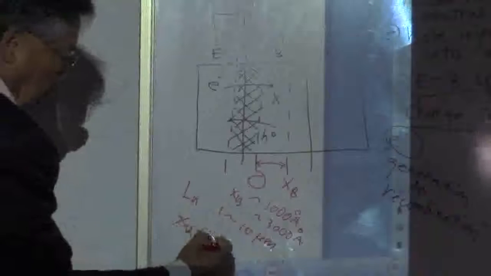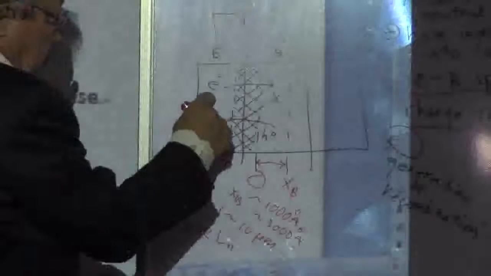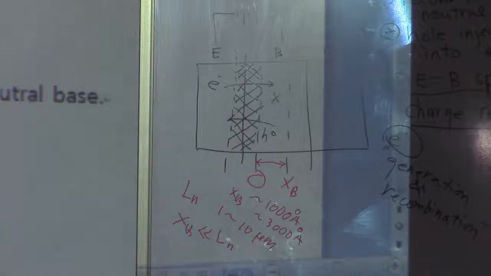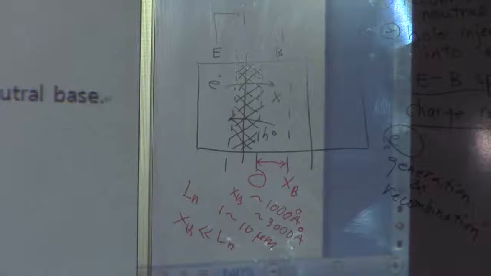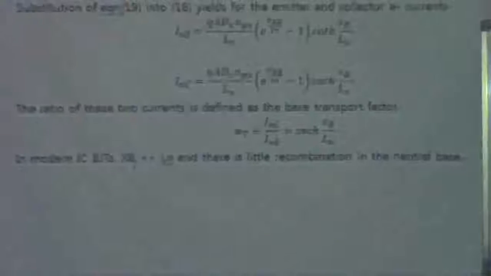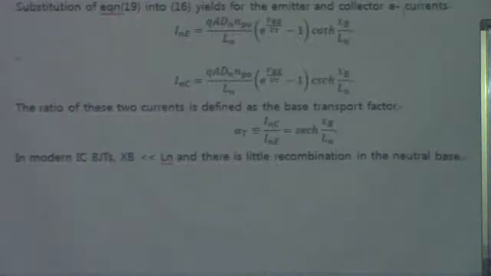So we know XB is much less than Ln, the diffusion length of electrons. So there's very little chance, as a matter of fact, for the injected electrons to be recombined in the base region. There is little recombination in the neutral base because of these physical parameters.